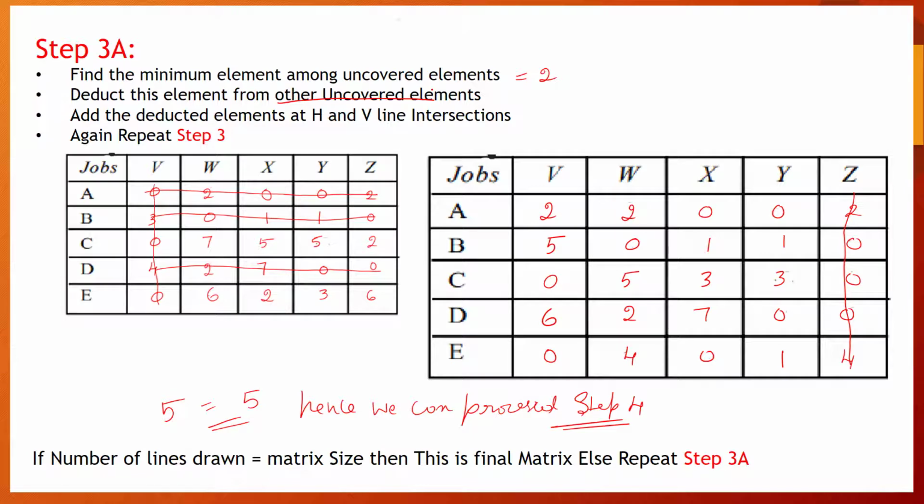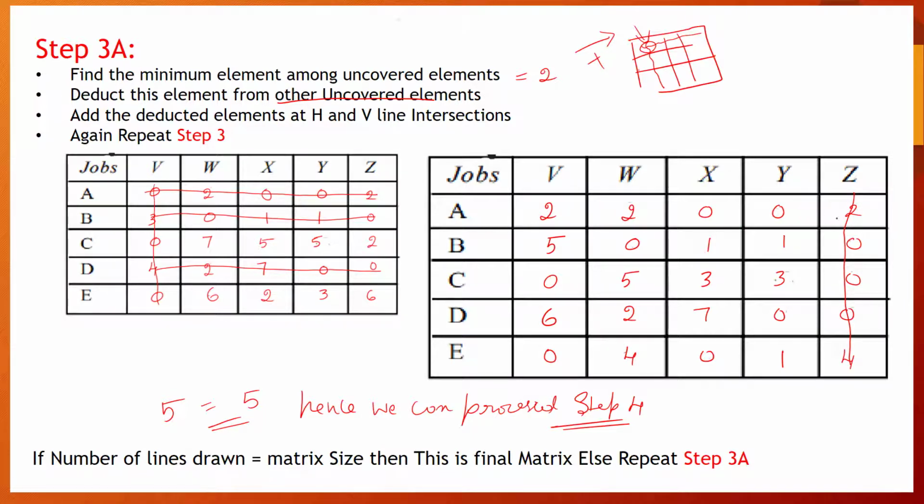So if this is the matrix, think that we have drawn a cross line like this and a line like this. So at this point, whatever is there, we need to add this. So here we can see that we have added it.